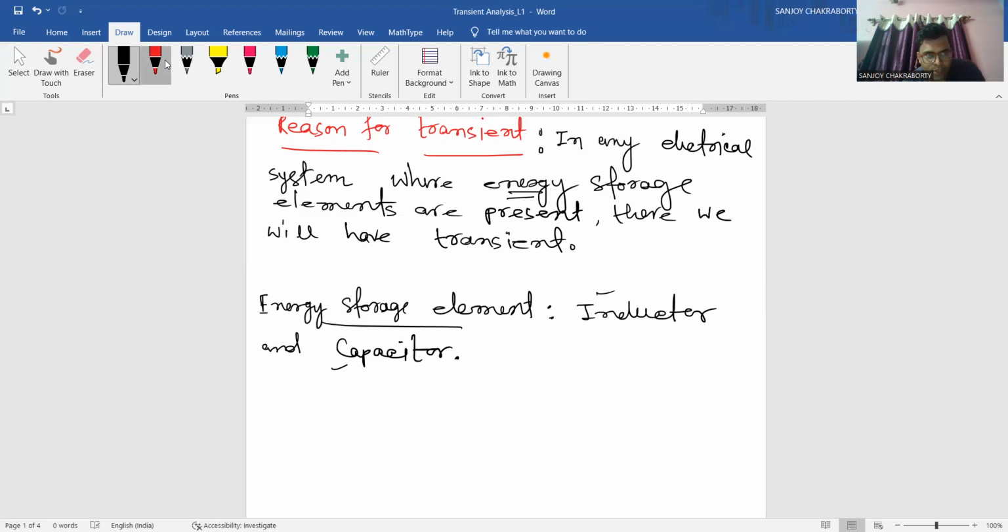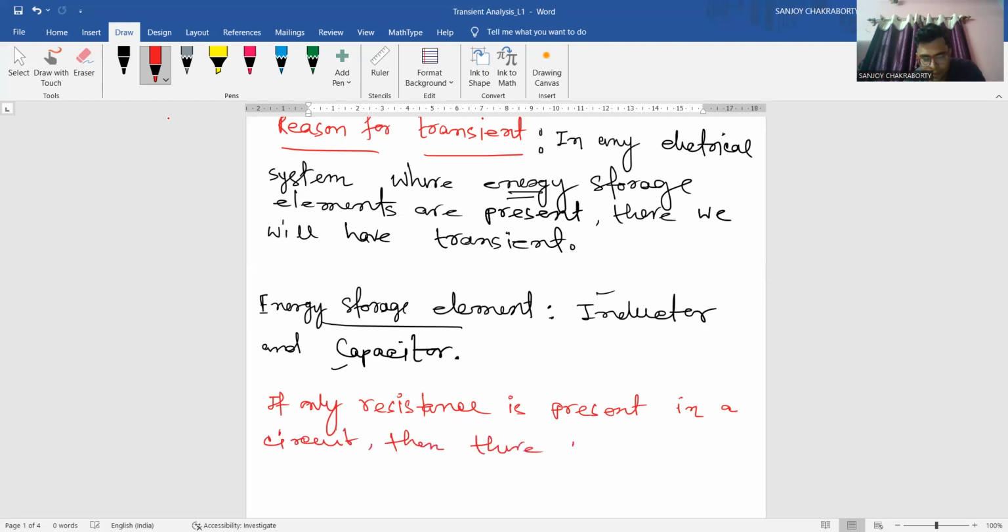So the point is, if only resistance is present in a circuit, then there will be no transient. Keep this in mind.